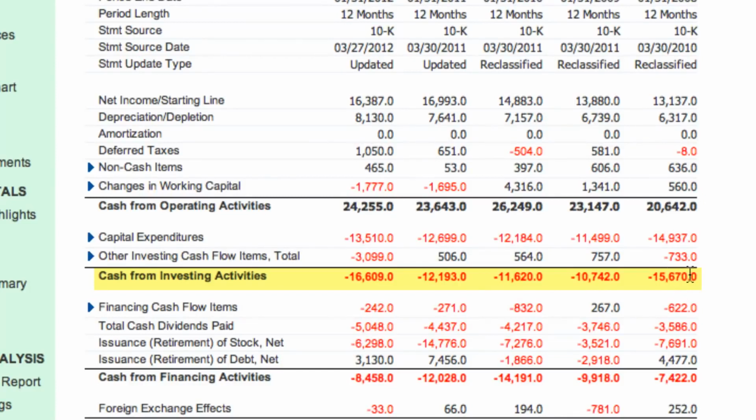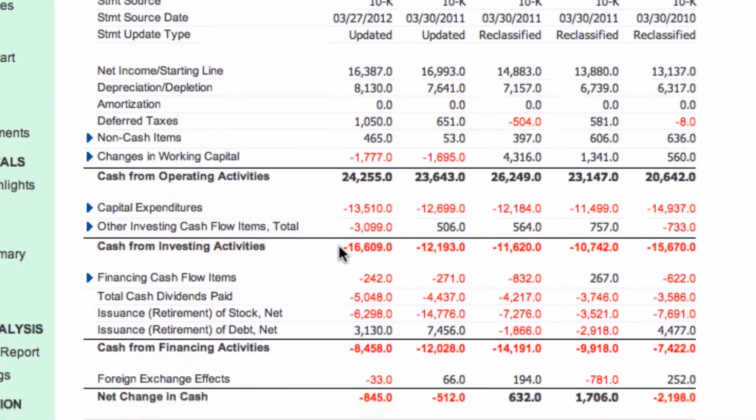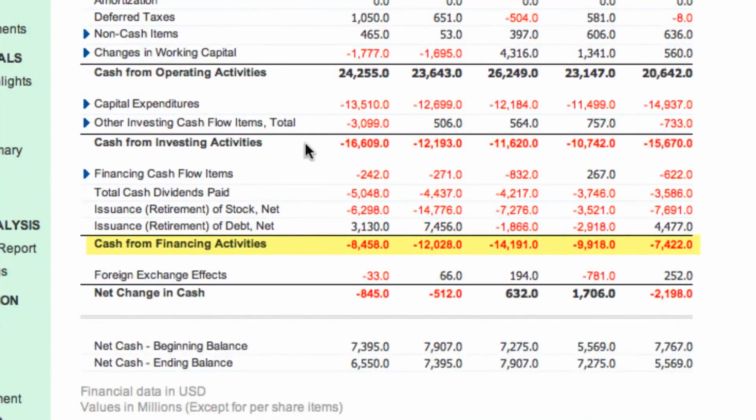So a substantial portion of that money is being put directly back into the business as investing. Now, as we look into 2012, we can see that they generated $24.2 billion and they invested $16.6 billion right here.